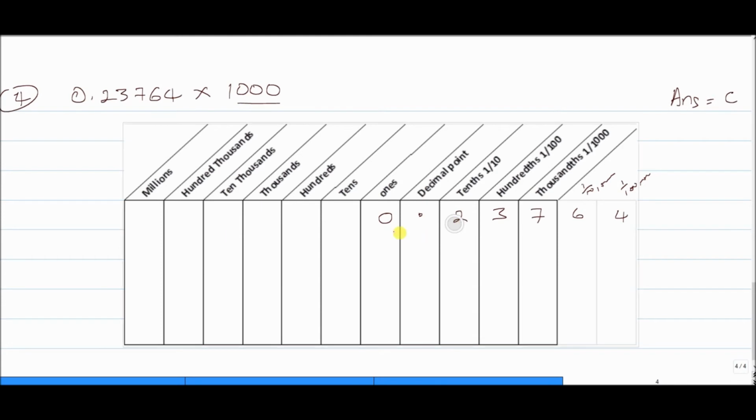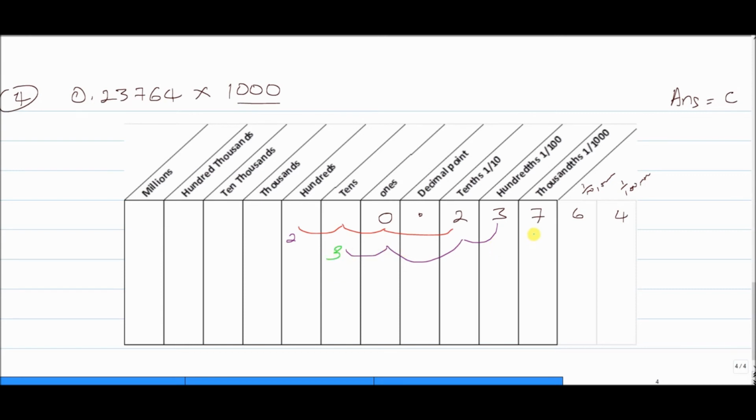So 1 place, 2 places, and 3. So this is where our 2 will now be after multiplying. Our 3 is going to go 1 place, 2 places, and 3 places. So this is where our 3 will be.